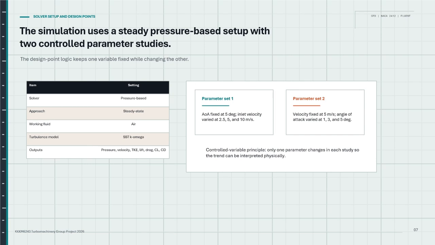Parameter set one: AOA fixed at 5 degrees, inlet velocity varied at 2.5, 5, and 10. Parameter set two: velocity fixed at 5, angle of attack varied at 1, 3, and 5 degrees. Only one parameter changes in each study, so the trend can be interpreted physically.